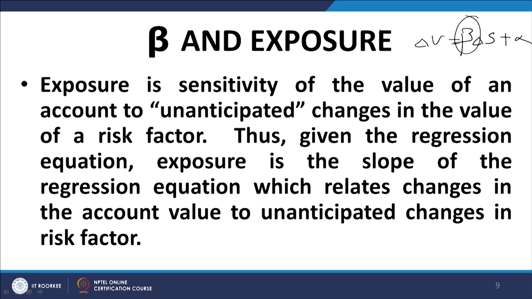This beta is the sensitivity of delta V to delta S. How does delta V respond to delta S? If delta S changes, how is the reaction outcome of delta V?